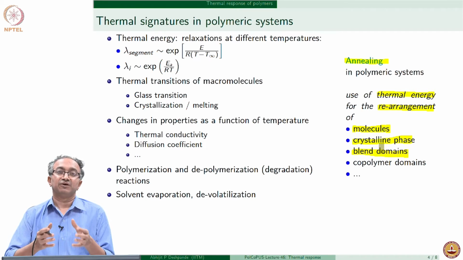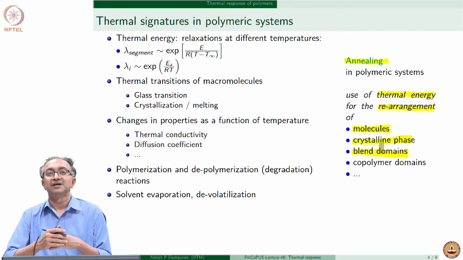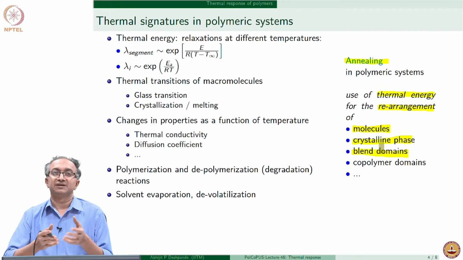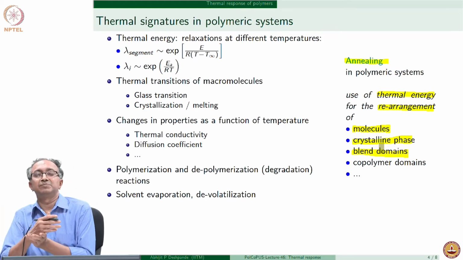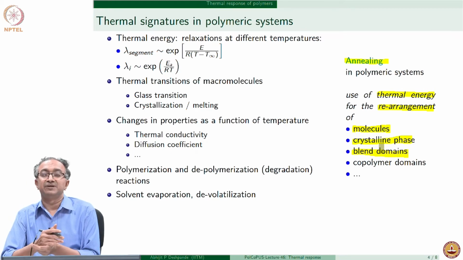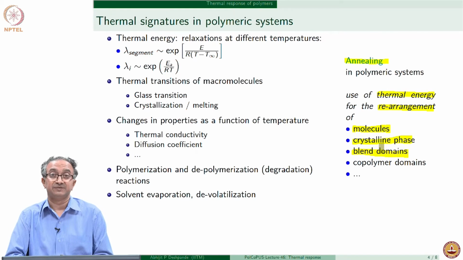So, quite often therefore, annealing would involve taking the material close to or slightly higher than glass transition temperature, because much below glass transition temperature segmental motion as well as many other polymeric macromolecular relaxation mechanisms are frozen. But once we take the polymer to glass transition or slightly beyond, then annealing can happen, and because of segmental mobility many of these rearrangements can take place.